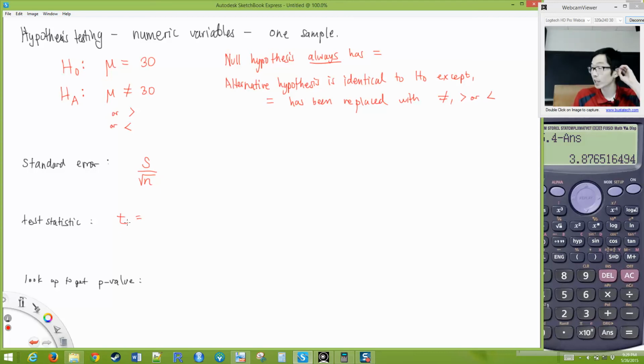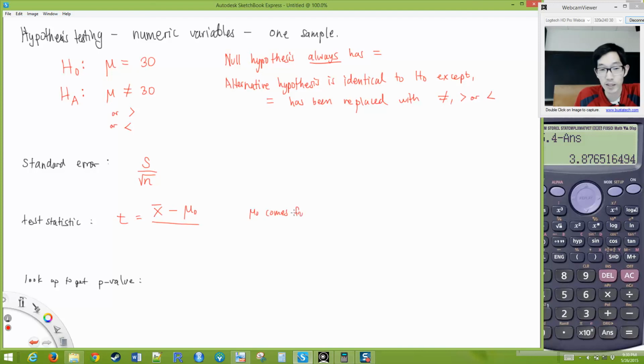This time our test statistics will always be t. It's going to be x bar minus mu 0. Where does this mu 0 come from? The null hypothesis, just like last week. You had p0, or the p from the null hypothesis. Same thing. So mu 0 comes from the null hypothesis.